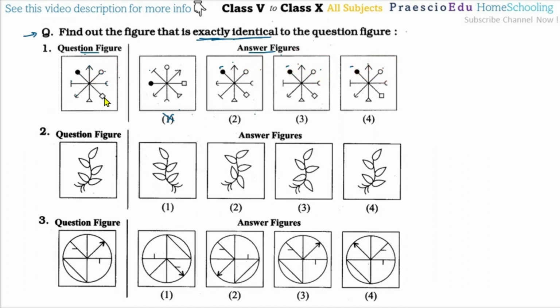Now this half circle and this half circle, but here it is absent. So this is incorrect. Now this triangle and the square, is there anything else? No. So we can say everything is similar.